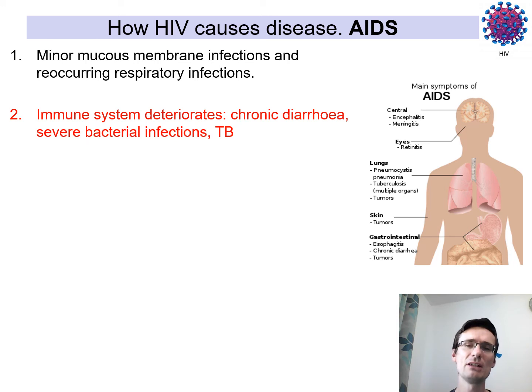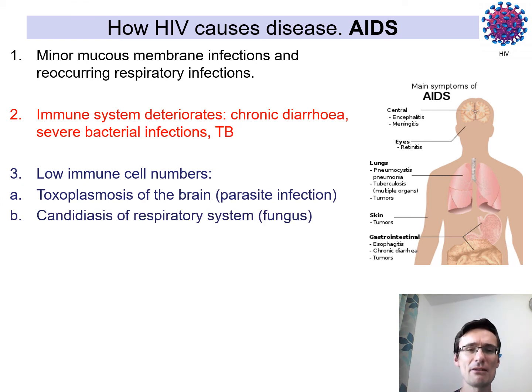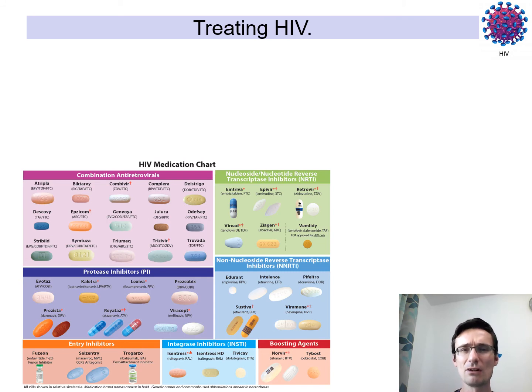Well, with HIV, obviously, the immune system drops, so TB can become active and it can really harm people, obviously kill people. And then your low immune cell numbers continue to drop, and that causes particular diseases, such as toxoplasmosis of the brain, which is a parasite infection, and candidiasis, I can't really say that, which is an infection in the respiratory system. So obviously not particularly pleasant.